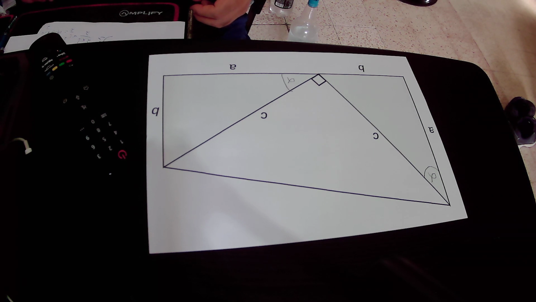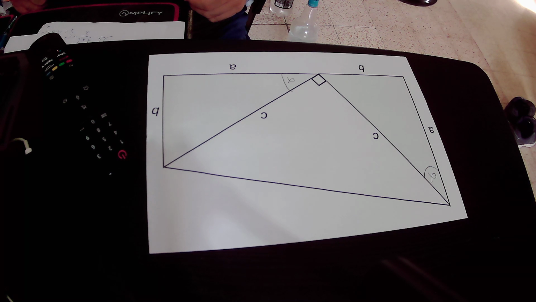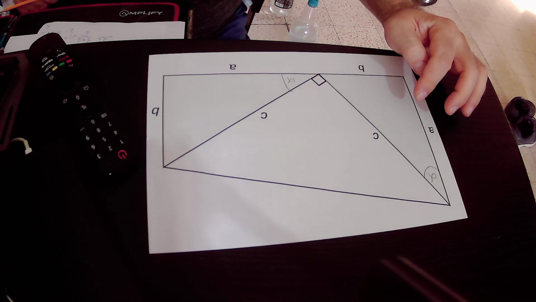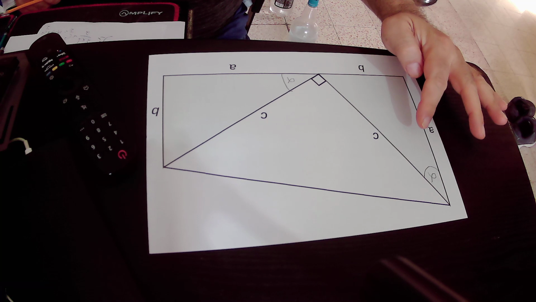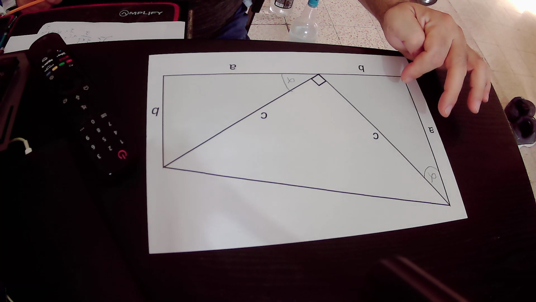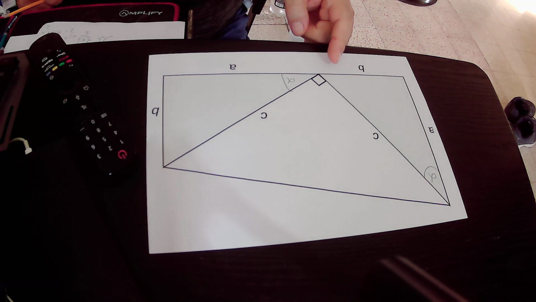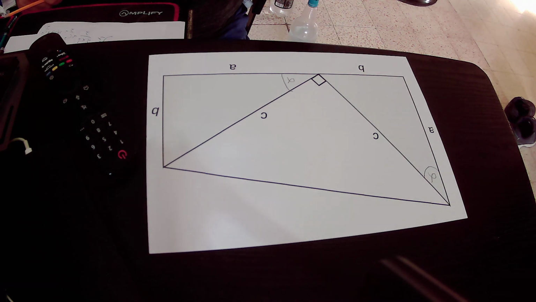Now we know that in every triangle the sum of its angles equals 180 degrees. So here in the right triangle, alpha plus 90 plus this angle equals 180 degrees.